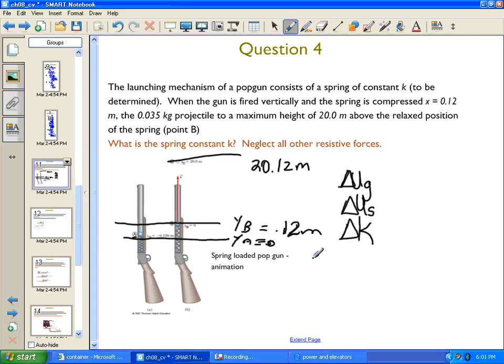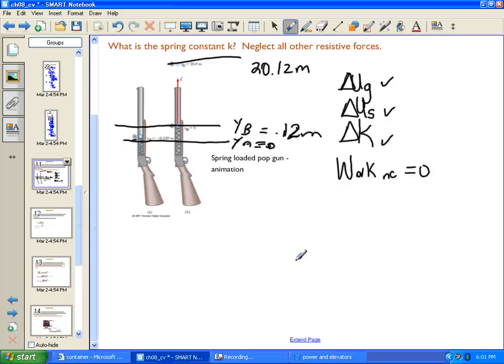So this is a situation where all three terms will become important. However, what is absent is the resistive forces, or in other words, the work done by non-conservative forces. So energy will be conserved and will be sloshing back and forth between the kinetic and the potential.